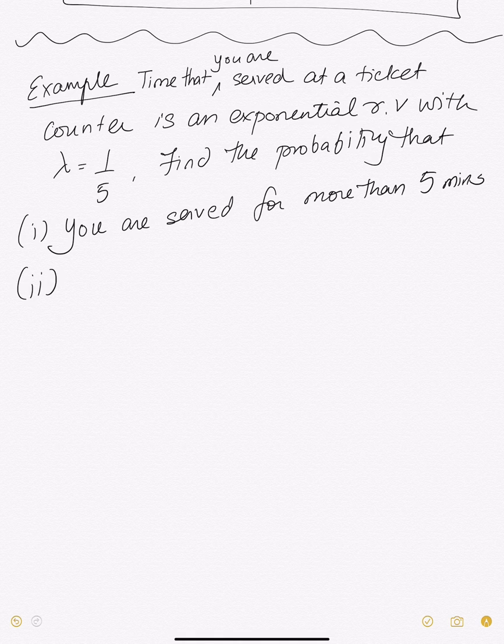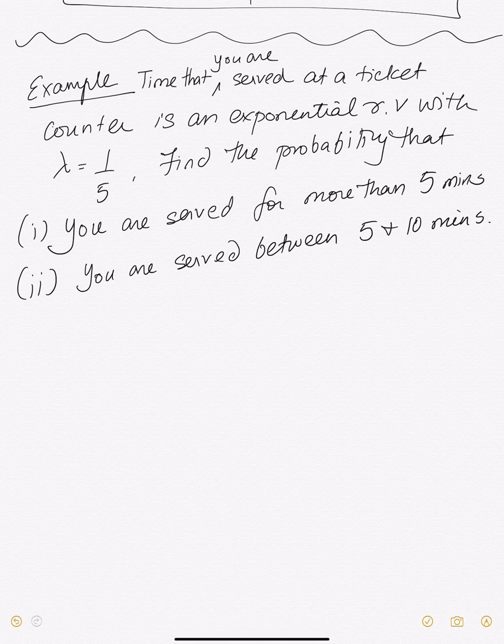And part 2, find the probability that you are served between 5 and 10 minutes.